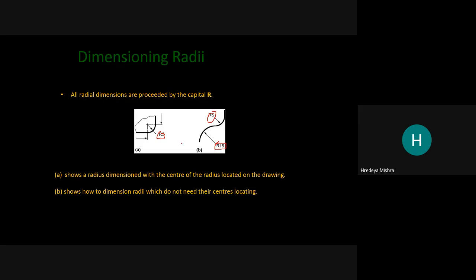A shows a radius dimension with the center of the radius located on the drawing. And B shows radii which do not need the center location, meaning there is a radius representation without locating the center lines or center points.